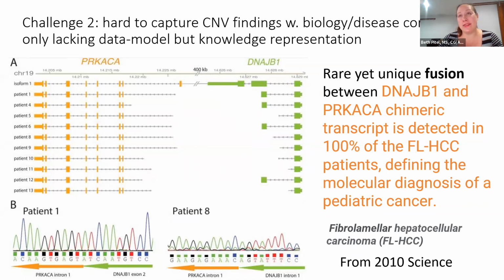So it could be a CNV, a fusion, co-occurring mutations, things that fall outside of that single nucleotide variant or simple mutation. And I think that what you're presenting here is very much in line with that. So I think that's really good.